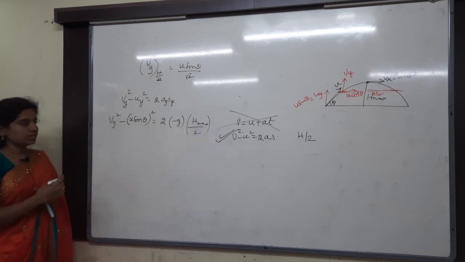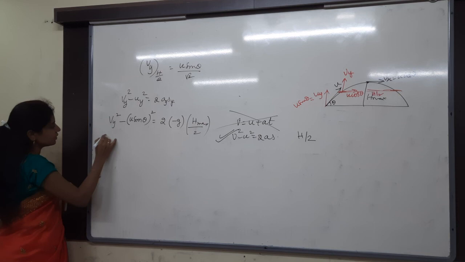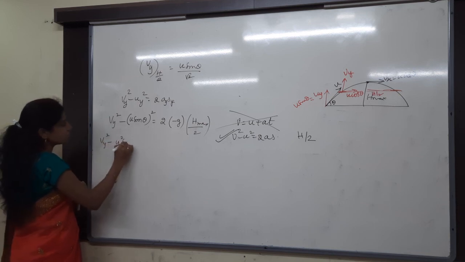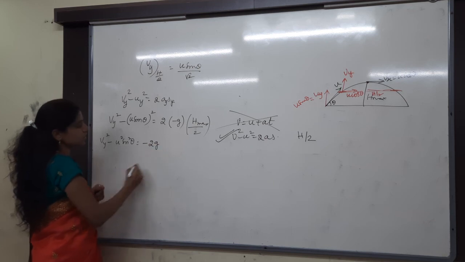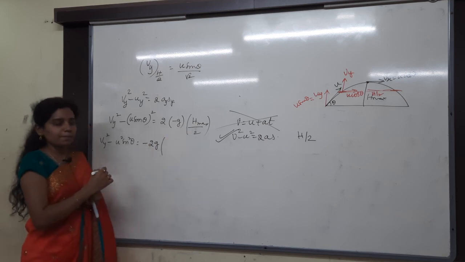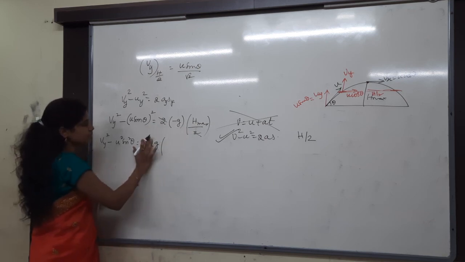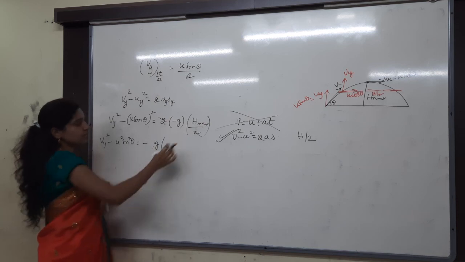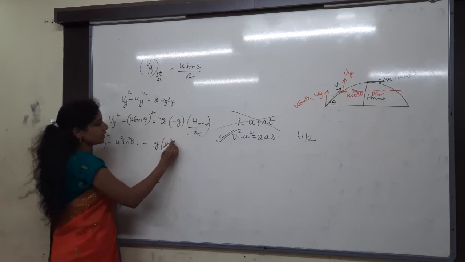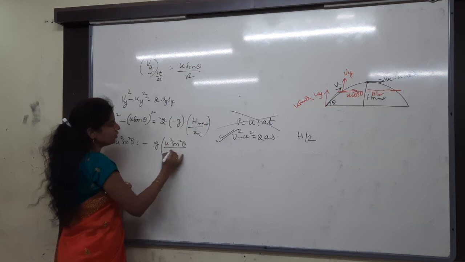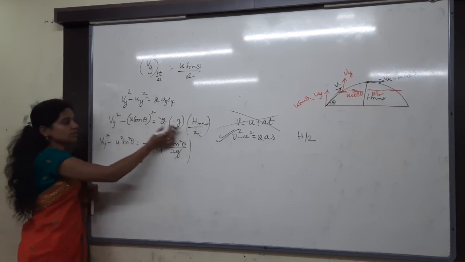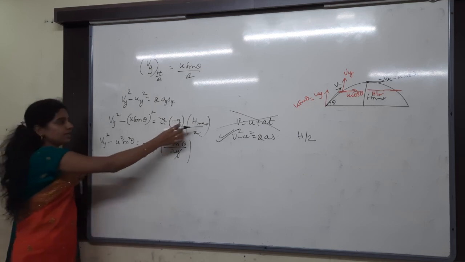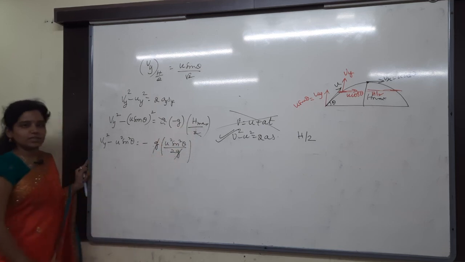So Vy square minus u square sin square theta equals minus 2g into the H max formula. I am sorry, the 2 gets cancelled here, there is no need to write that again. The H max formula is u square sin square theta by 2g. The g gets cancelled. Then H max is directly u square sin square theta by 2g.